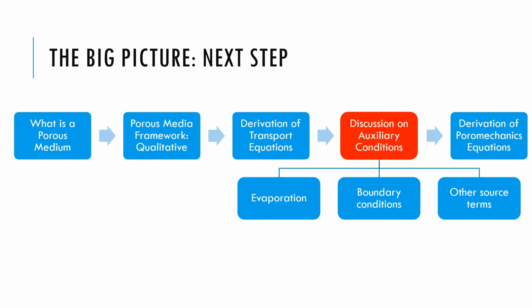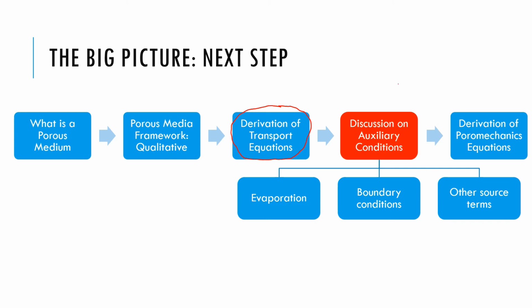So now a little bit of comment in a big picture way. What we just finished are the derivation of the transport equations for water, vapor, air, and energy in porous media. So what's next? Now recall that evaporation I dot, we really didn't get into the details. So that's in a separate module.